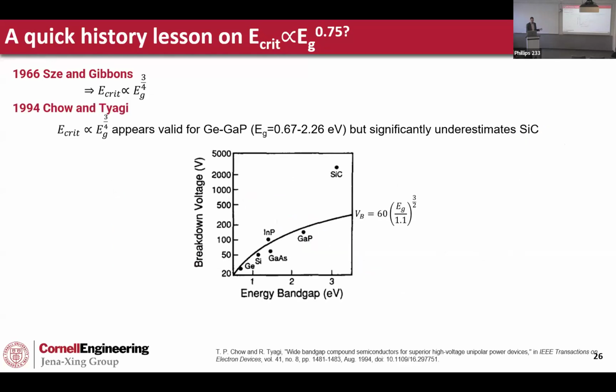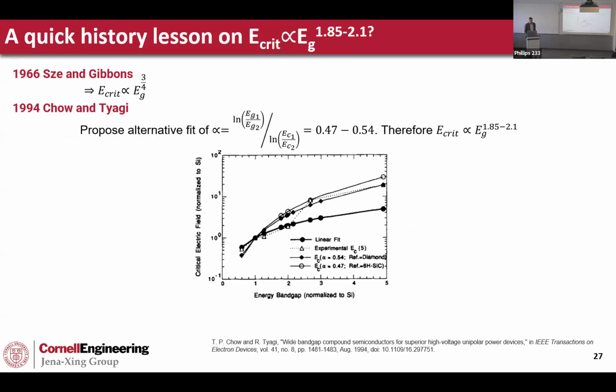About 8 years after Professor Baliga, we noticed that this original derivation from Sze and Gibbons was a little bit inaccurate. It worked well for the low band gap materials, but as you got up to silicon carbide, it significantly underestimated it. So they went back to the drawing board and they said, let's assume this is a power law relationship.